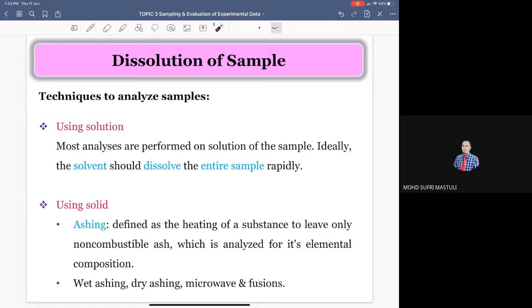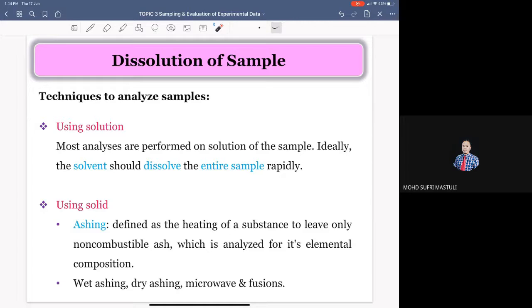Most of the analysis of samples in the lab can be done using solution. So we have to choose the right solvent to dissolve the entire sample rapidly, or we can do the analysis using solid. If you want to analyze the solid form of sample, we have to employ the etching technique.